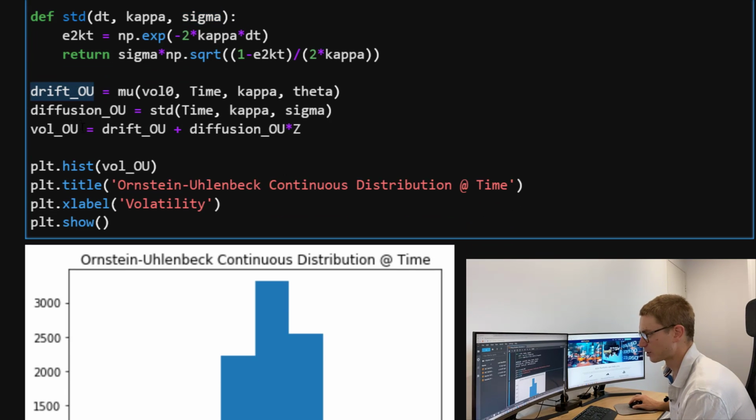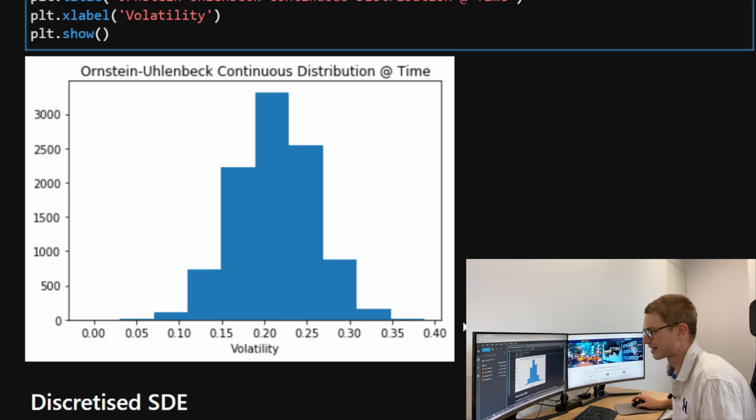As we assign the drift and the diffusion terms to those two functions, we can then calculate the volatility as just the drift plus the diffusion term multiplied by that standard error. So by plotting a histogram, we can see that the volatility has a distribution like this for the Ornstein-Uhlenbeck process that we've actually tuned to our market volatility.